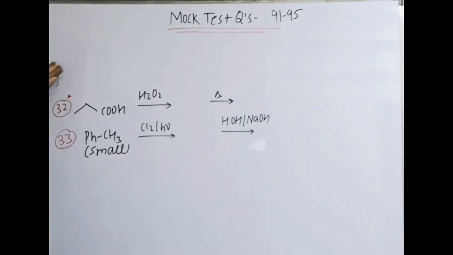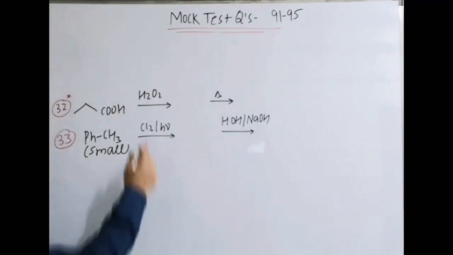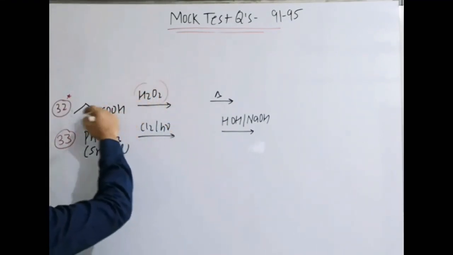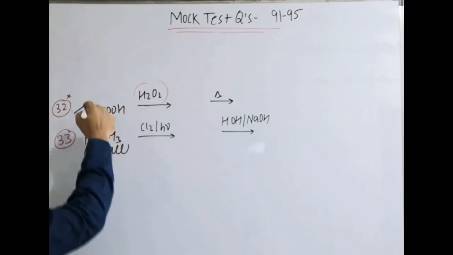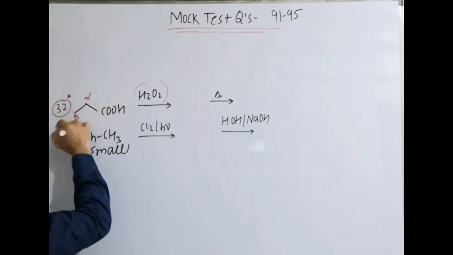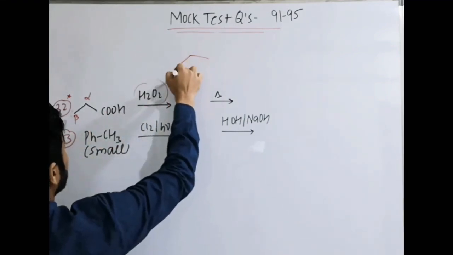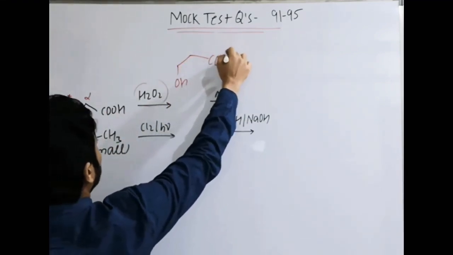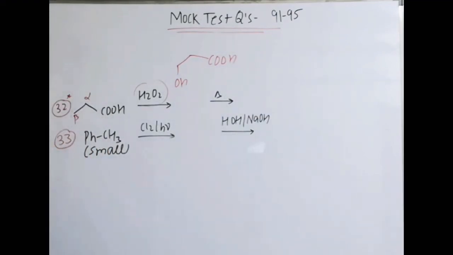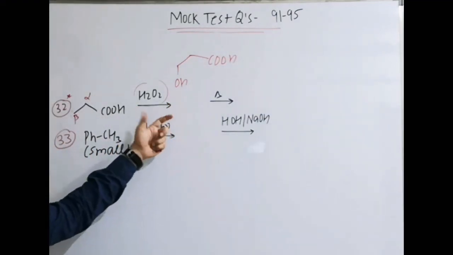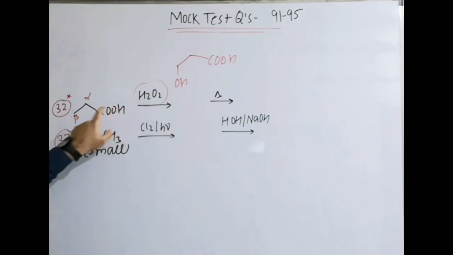Question 32 requires the information that H2O2 acts as an oxidizing agent, and with a carboxylic group it gives a reaction and forms beta hydroxy acid. So that is why it is important, not an important reaction at all, but given in an NTA question, so we can cover it: hydrogen peroxide oxidizes the carbon which is the beta carbon, and there we get an OH group.